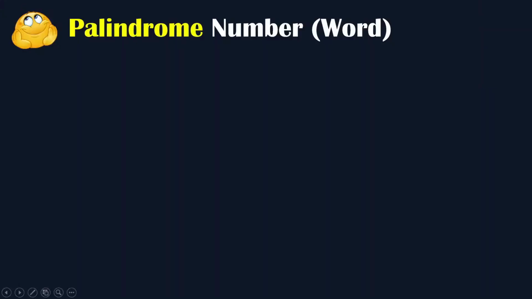So now let us start with: what is a palindrome number or palindrome word? Palindromic number means if you write a number and then reverse the number, you are going to get exactly the same number. Same thing with a word. In any word, if you reverse the word, you are going to have the same word again. This kind of numbers and words are called palindrome numbers or palindrome words. Is it clear?